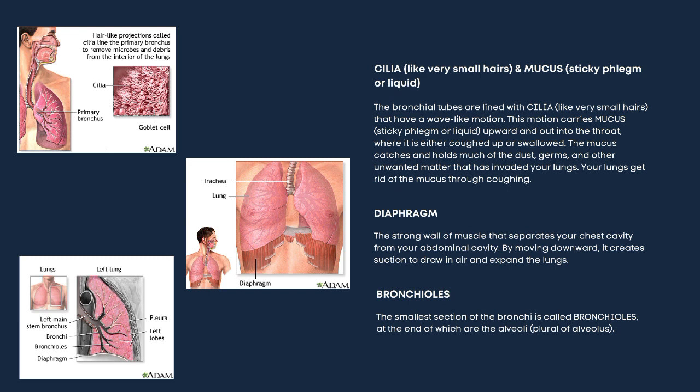Your lungs get rid of the mucus through coughing. So basically, mucus is the moist and sticky substance that captures dust, germs, and microorganisms that could irritate the lungs. Coughing is our body's defense mechanism to get rid of the phlegm or the mucus that traps microorganisms.